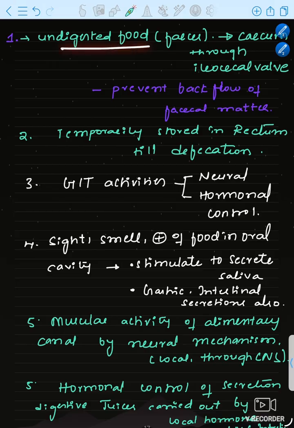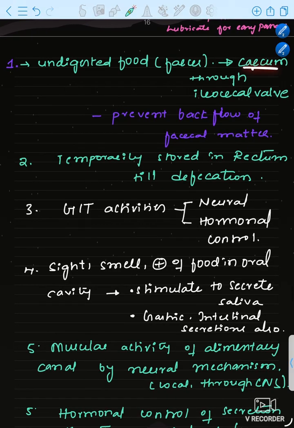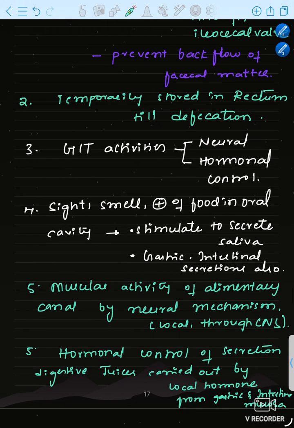So undigested food, that is feces, goes in the large intestine to the cecum through the ileocecal valve, to prevent backflow of the fecal matter into the duodenum, jejunum and ileum. And it will be temporarily stored in the rectum till defecation.